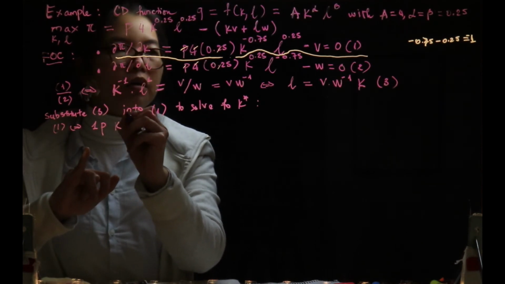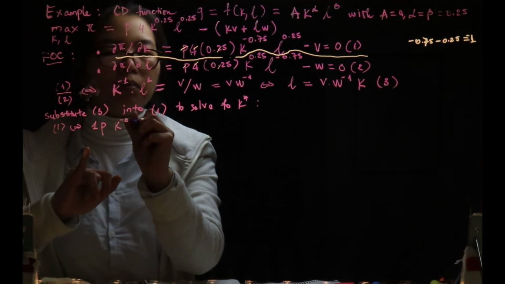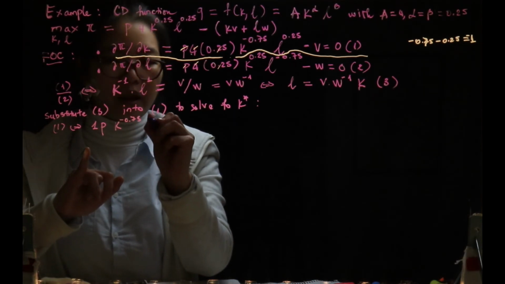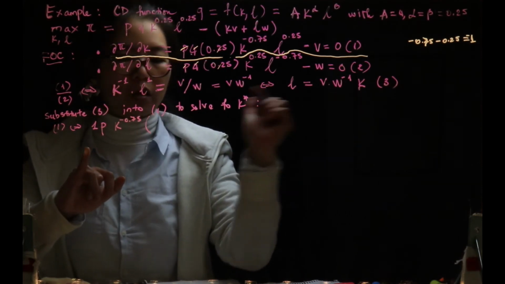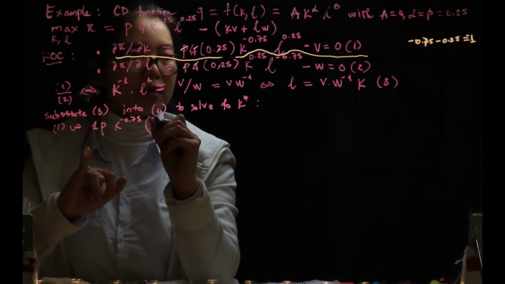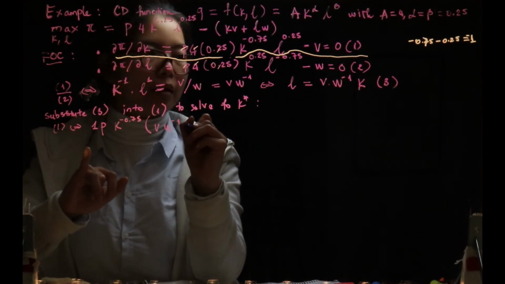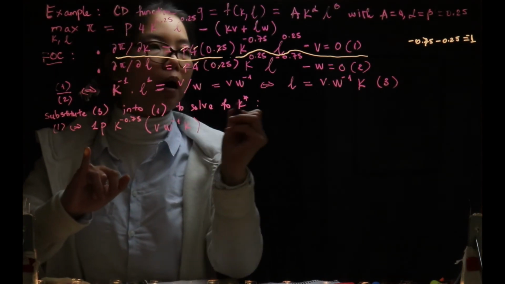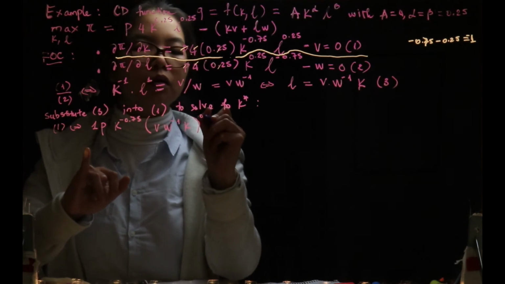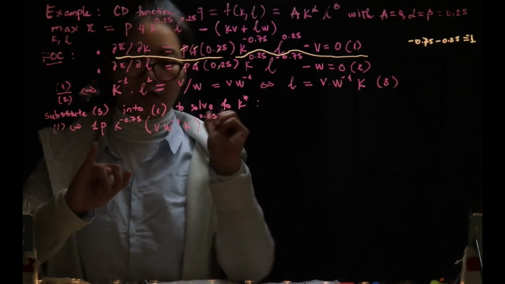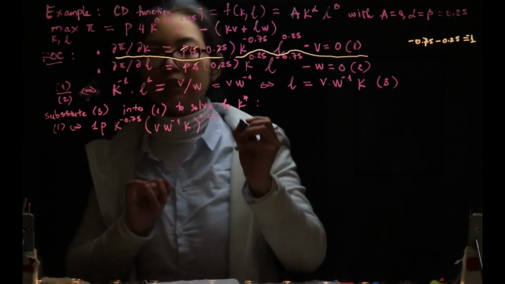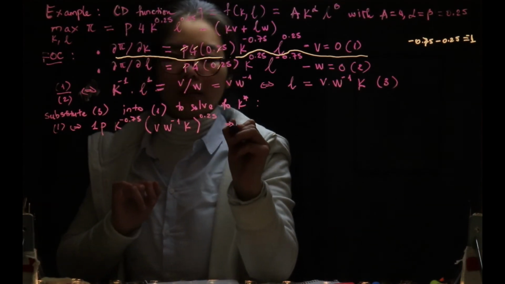Now, and then K to the power of minus 0.75 times L. L is the whole term, so it needs a bracket. V times W minus 1 times K, right? To the power of 0.25. Alright, let's simplify it.